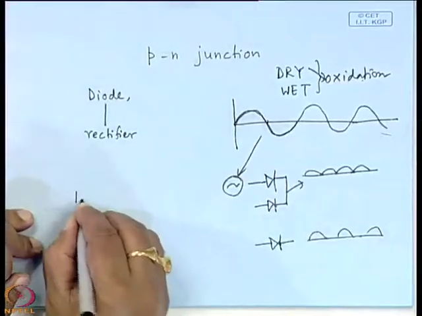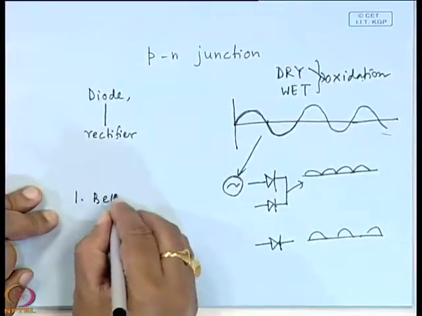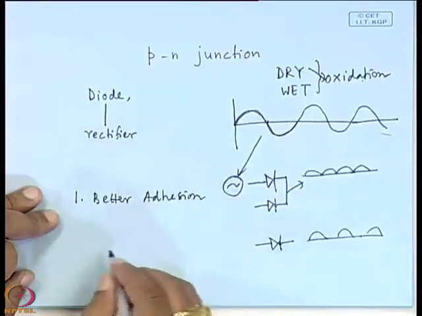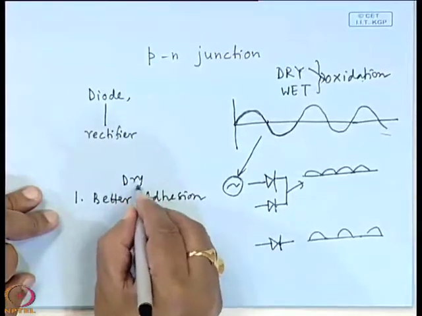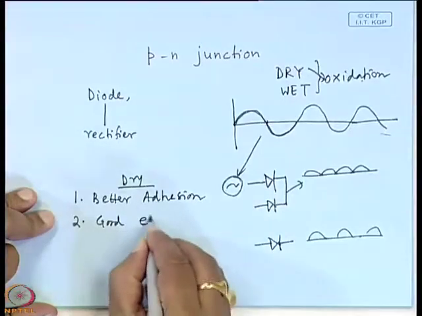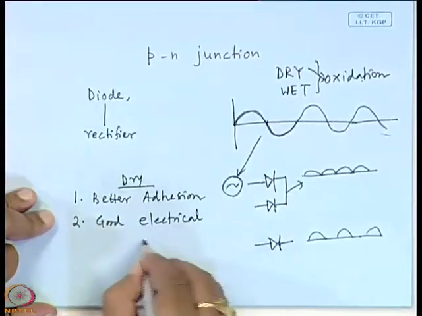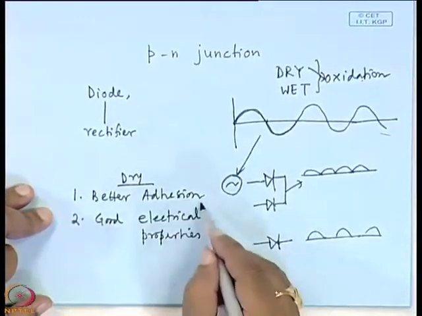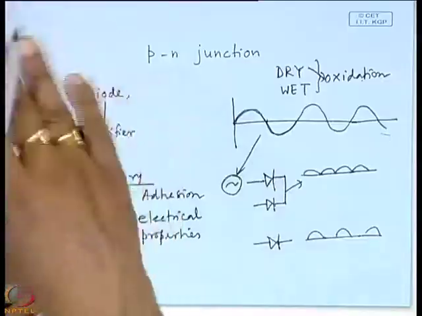So one advantage of dry oxidation is better adhesion, and good electrical properties. It is the consequence of the better adhesion, because if the interface is better, then the electrical properties will be better, because the interface will be free from any kind of defects. So the scattering will be less.